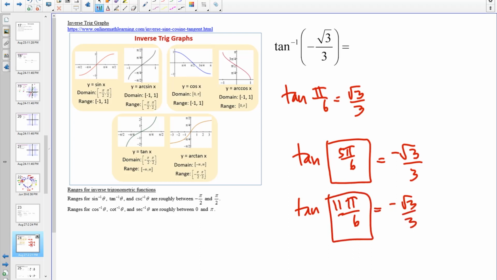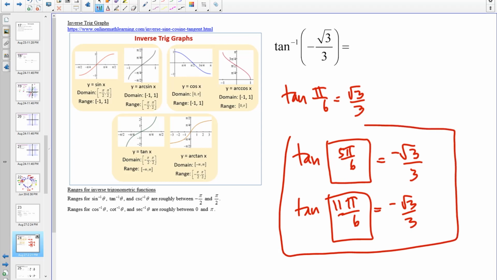But there's actually only one answer, and the reason is because of inverse trig graphs. If you were just finding this answer, then you'd have an infinite amount of answers. But if you're saying that the inverse tangent is a function, then it doesn't repeat, which means it's bounded.